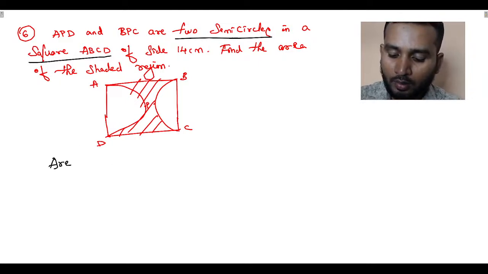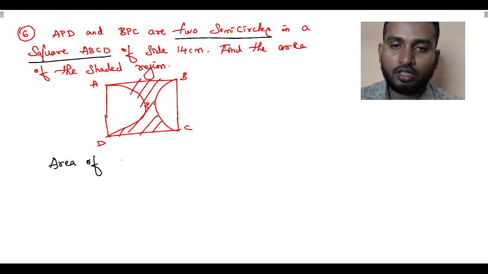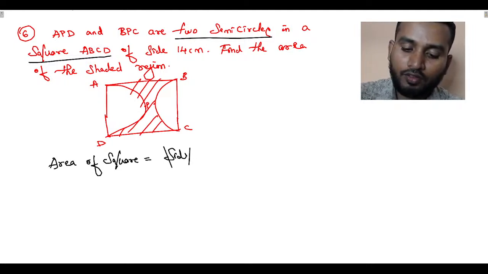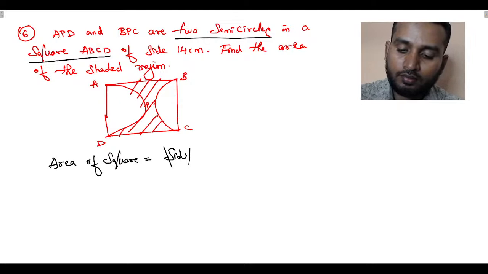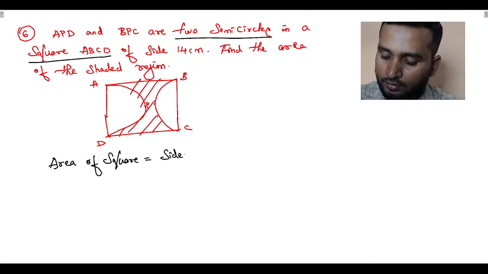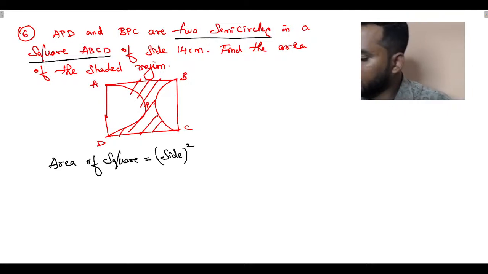The region is in the shape of a square, and we know that the area of a square is side squared. Is this clear?